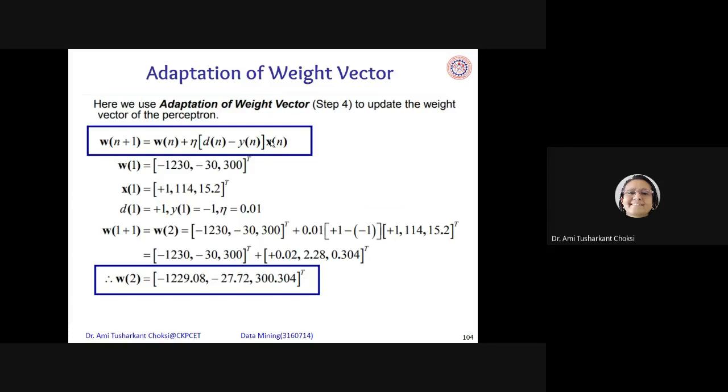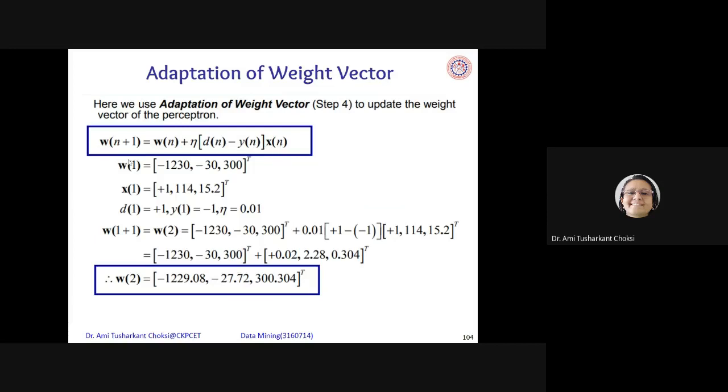Okay, so now we are adapting the new weight vector using this equation: W(n+1) is equal to W(n) plus eta times (d(n) minus y(n)) times x of n.